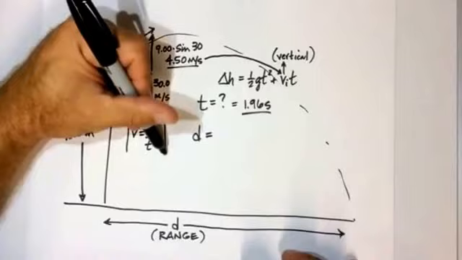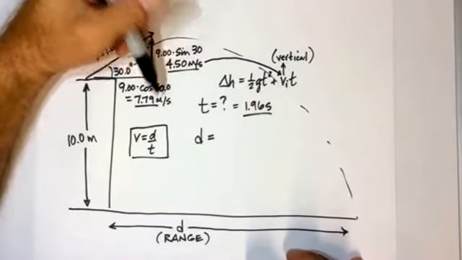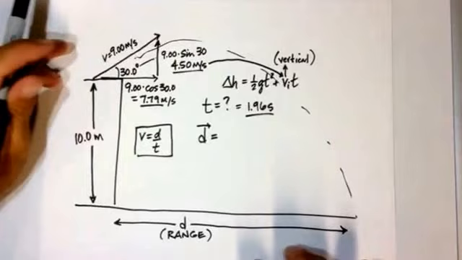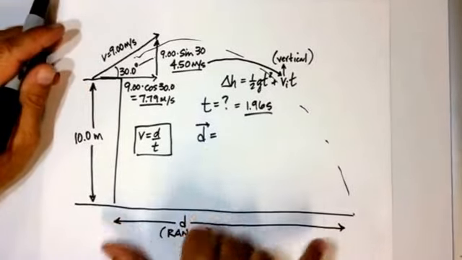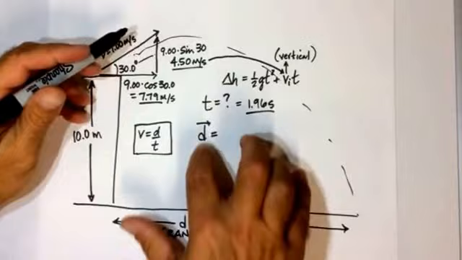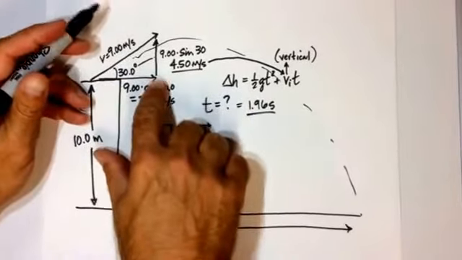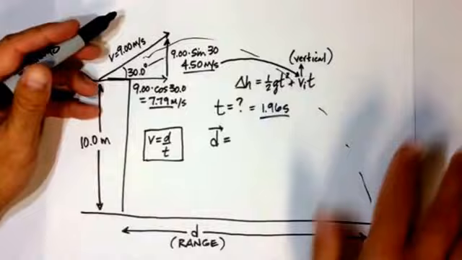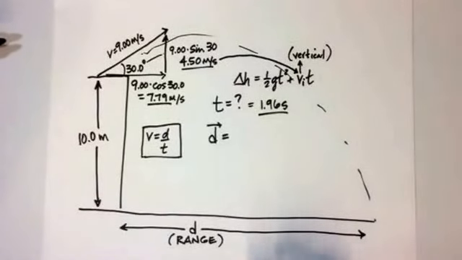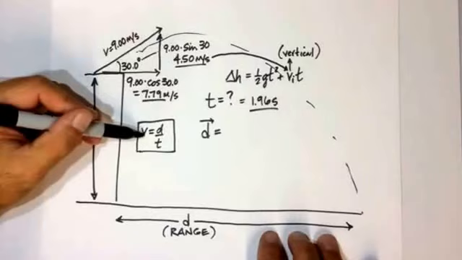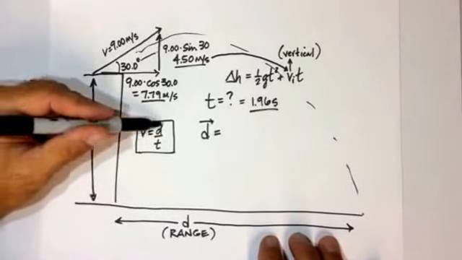This works only because the horizontal speed, and this is the horizontal displacement or range, is a non-accelerating situation. The horizontal component of the projectile velocity is constant. So since this is a constant, non-accelerating situation, we can say velocity is distance over time.